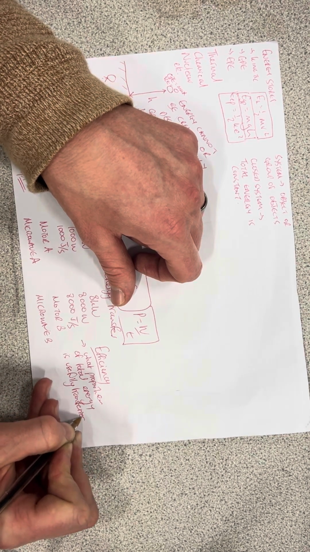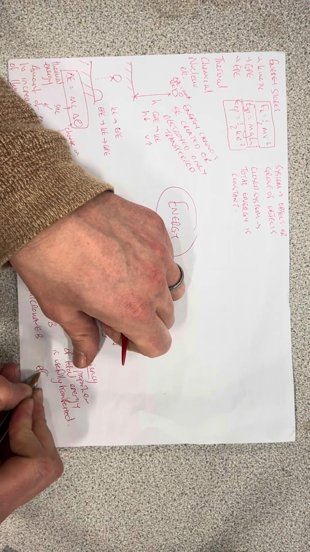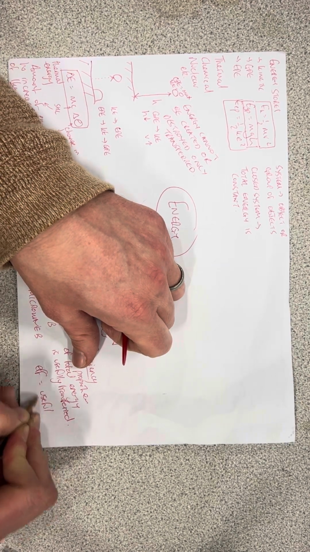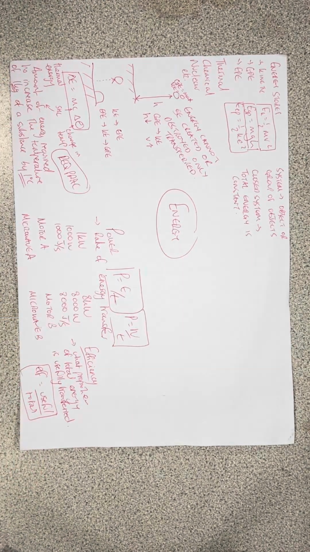So the more energy that you input that is usefully transferred, the more efficient something is. And there's an equation for this as well. There's 2 versions, but I'm just going to put useful over total. Now that will give you a decimal. If you multiply that by 100, you will get a percentage.